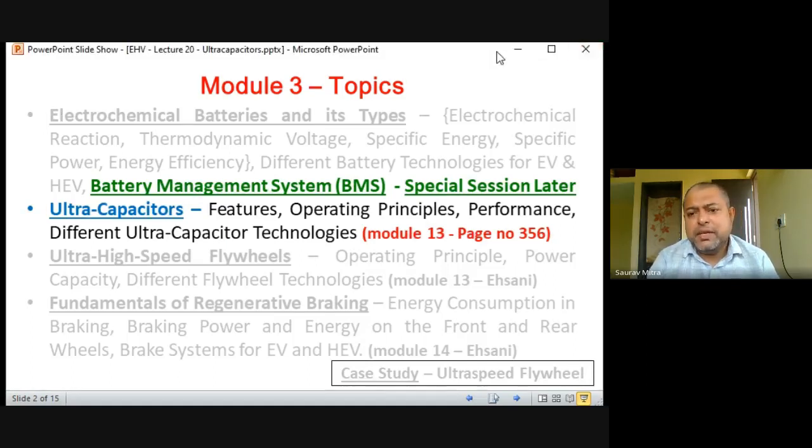Every vehicle driven or controlled by a microcontroller has a battery management system. Tesla and all such electrically driven cars definitely have battery management systems, and a huge amount of research is being conducted in BMS.